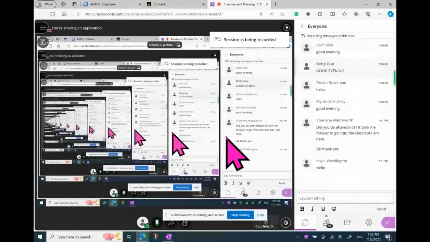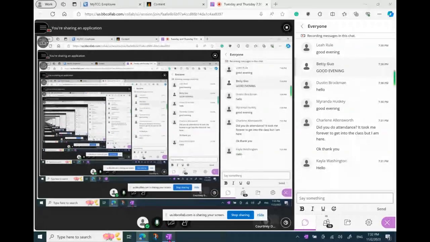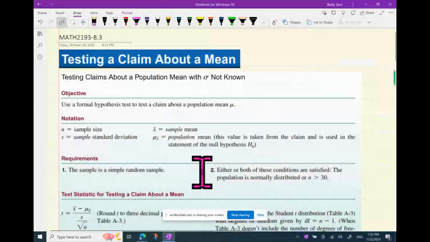Today we are going to cover the last section of Chapter 8, hypothesis testing about population mean. Firstly, the notation for population mean is mu, corresponding to the population mean mu.